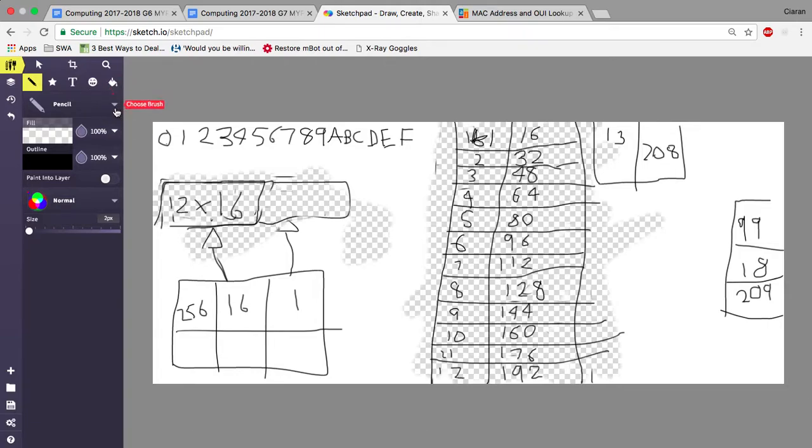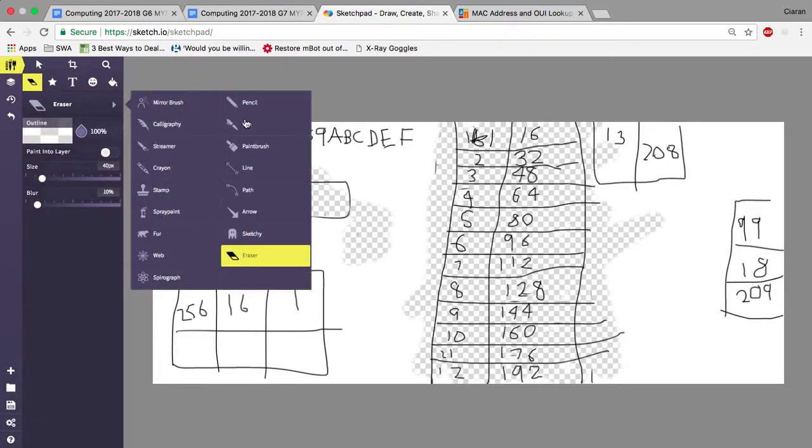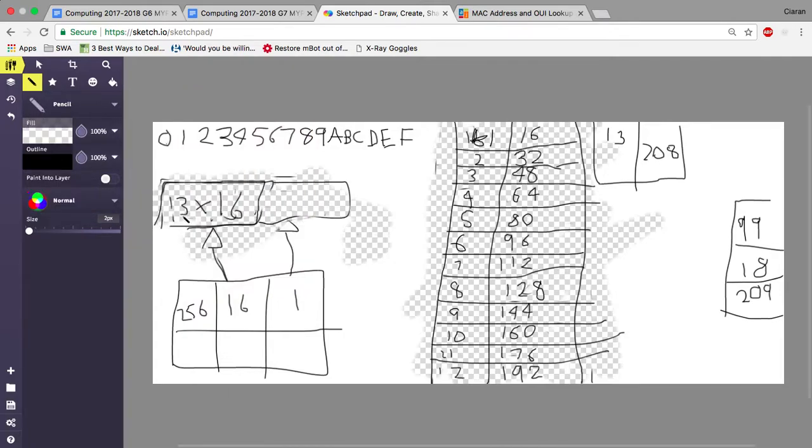And so actually it's going to be 13 times 16, which will leave us with 208, and that just leaves 1. So then we've got 1 times 1. So if we've got a number 13, it's a bit different. We're going to have to write a letter.